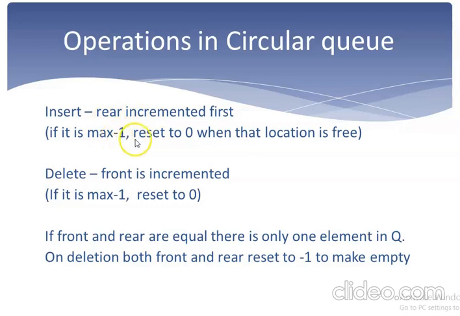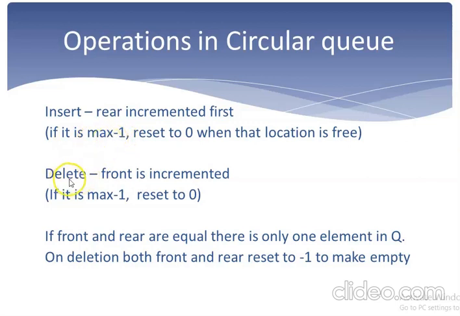So in that case, we have to reset it to 0 so that elements can be added at the beginning of the queue. But there should be a condition followed that the location should be free. Then only we can do this resetting to 0. When will we do this? When the rear pointer reaches max minus 1.